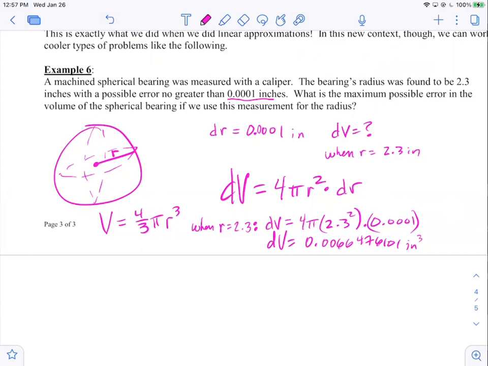They can vary by that much, bigger or smaller. If they're outside that tolerance, we can't use them. But that means that the volumes of those spheres are going to vary by no more than this, 0.00647. So that's what that means.